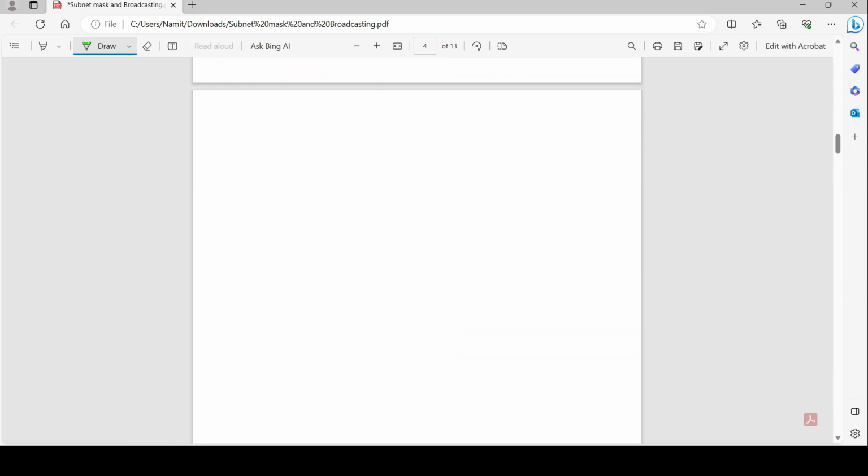Now the assignment question for you guys, the homework question, is: find out the network address for this IP, then tell about network identifier, then tell about host identifier.